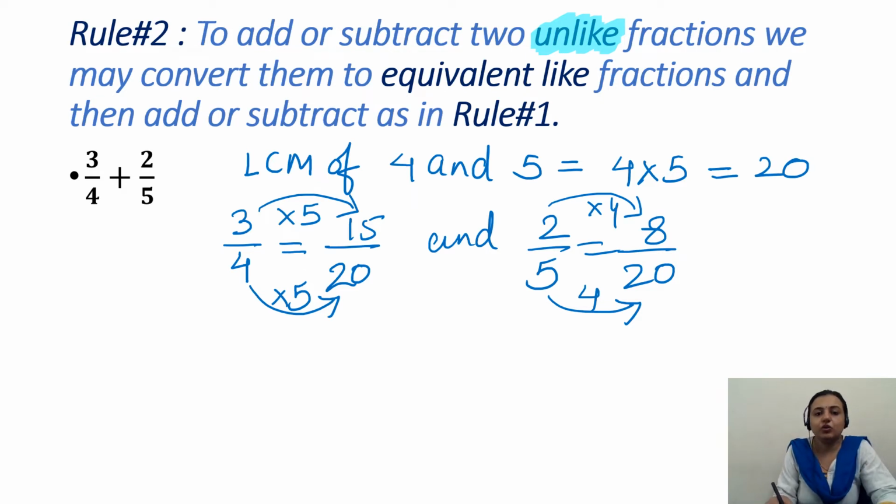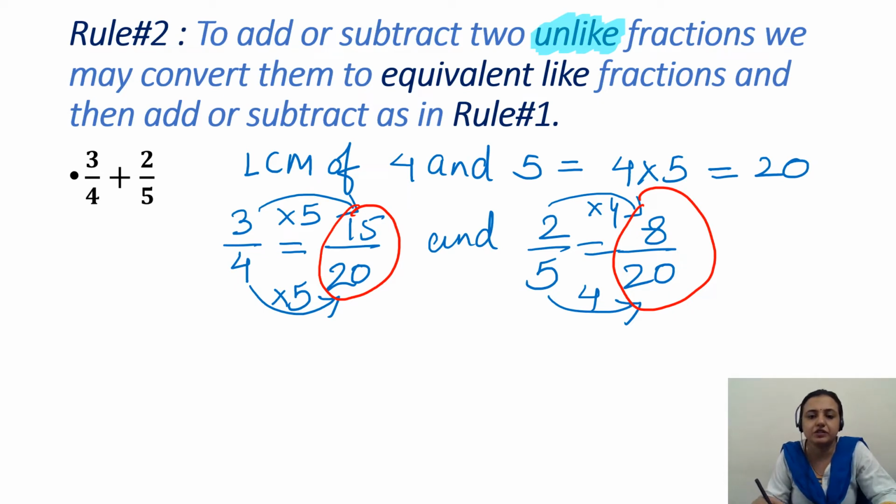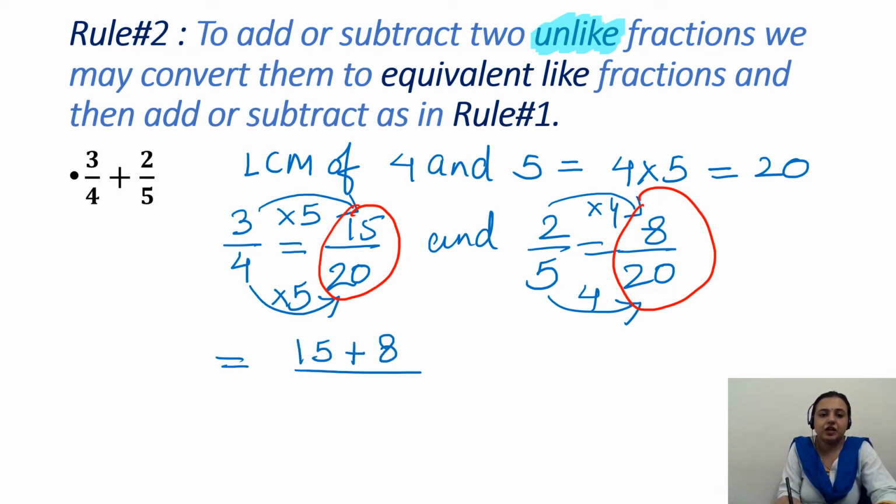Okay. Now both the fractions are converted into like fractions. These unlike fractions are now converted into like fractions. Now we simply have to add the numerators. So this is 15 plus 8 upon 20, which is equal to 23 upon 20.